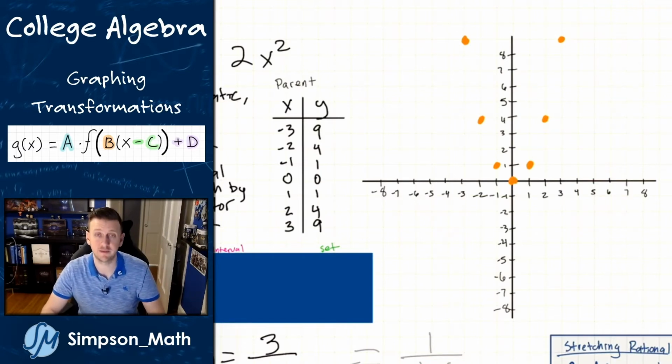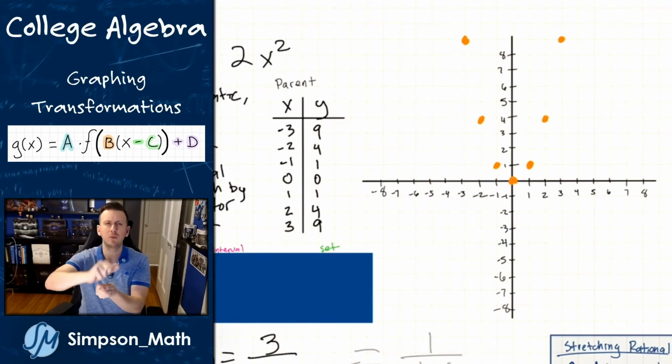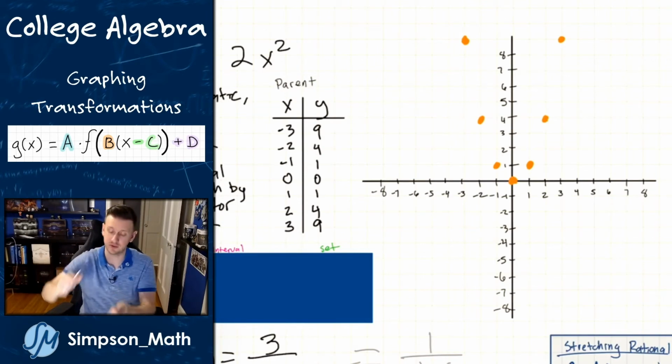So let's do a vertical stretch by factor of 2. So if it's a vertical stretch, what variable is changing? Are my x's changing or are my y's changing? Well, it's my y's that are changing. So if I'm taking every y value and doubling it, that would make a vertical stretch.